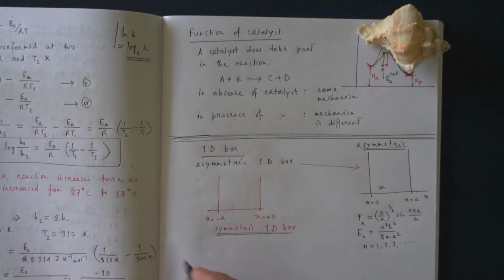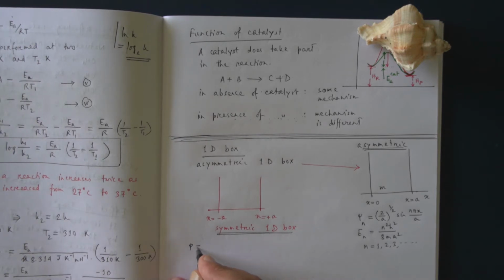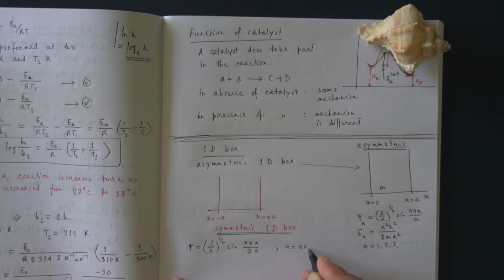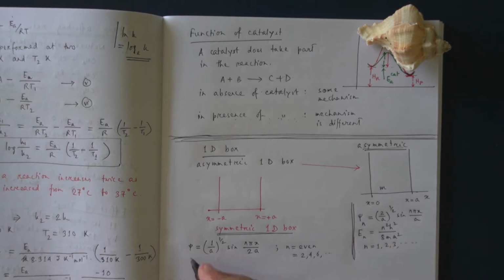We get psi equal to 1 by a whole to the power half times sine of n pi x by 2a when n is even. Even means it may be 2, 4, 6 like that.